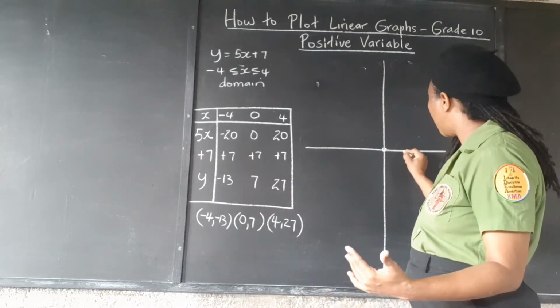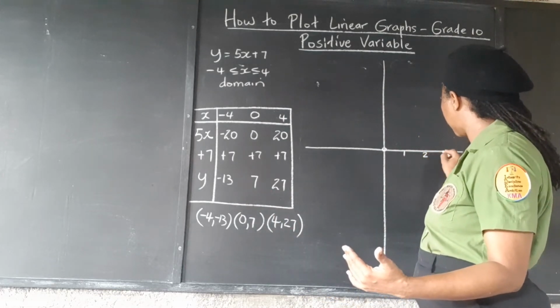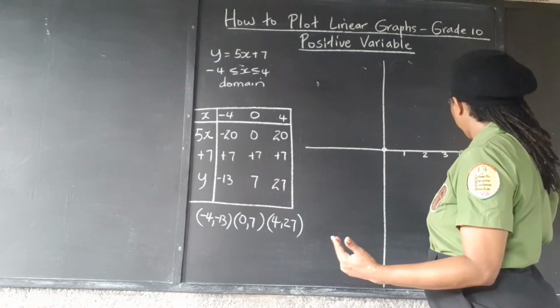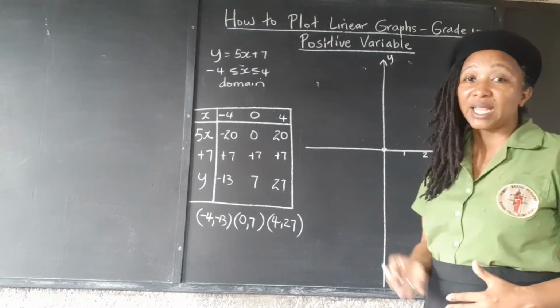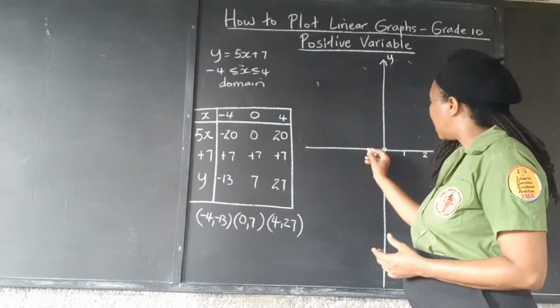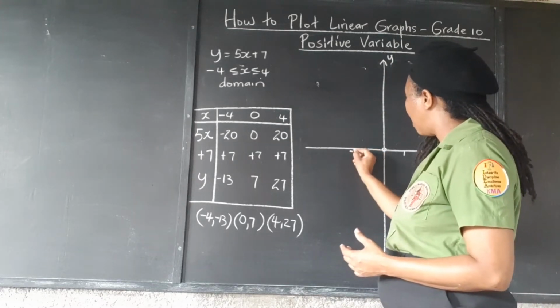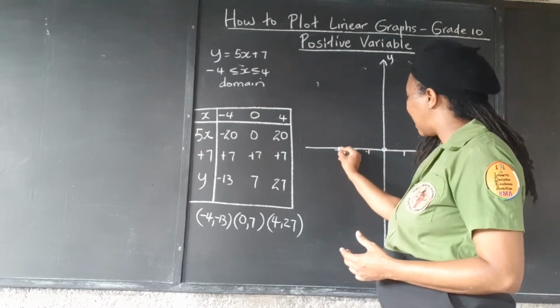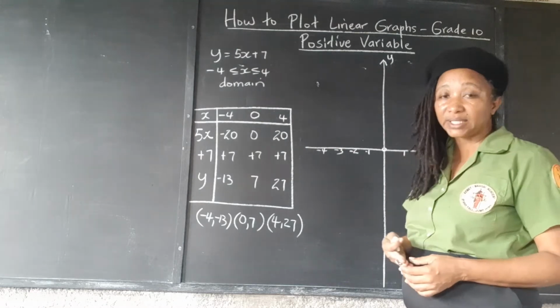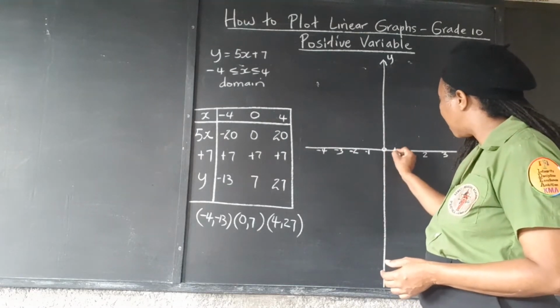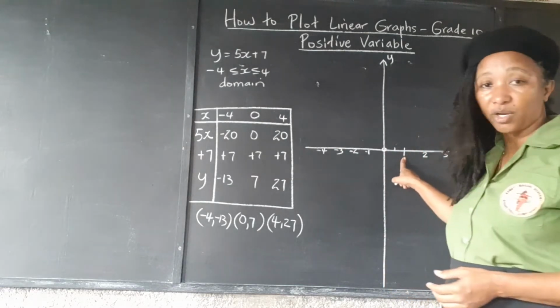We can go 2 centimeters to 1 unit. And let's put in our arrow and our x, our arrow and our y to name the axes. Maintain that same scale on the negative x-axis, 2 centimeters to 1 unit. So every 2 little boxes on the graph paper, you would have 1 unit.